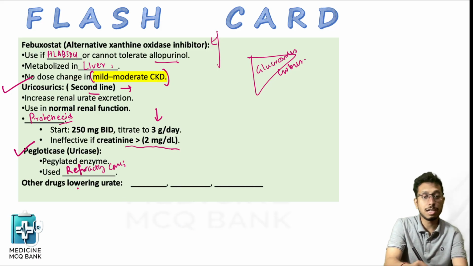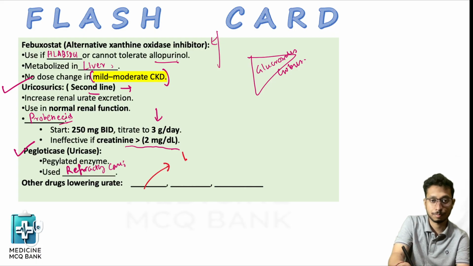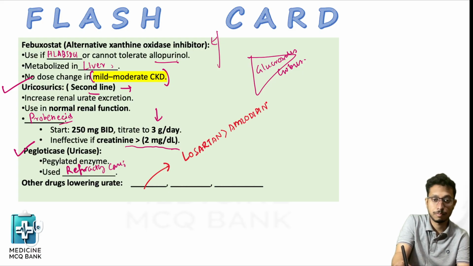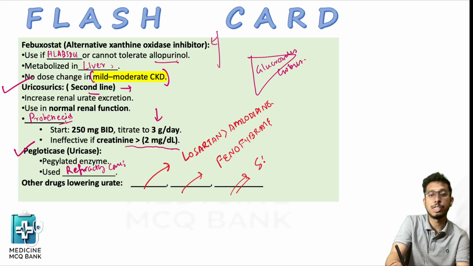Okay. So, what are the other drugs which have been shown to have effective benefit? For example, among antihypertensives, we have losartan over amlodipine. Among antilipidemic agents, we have fenofibrate, and also the anti-diabetic SGLT2 inhibitor.